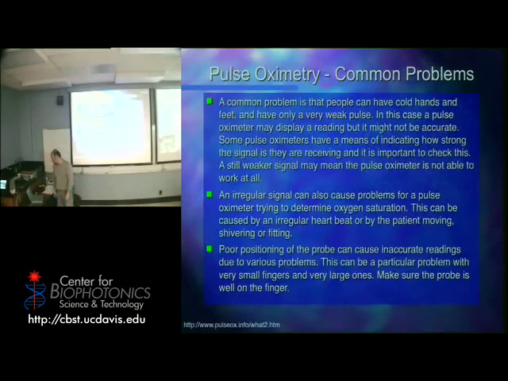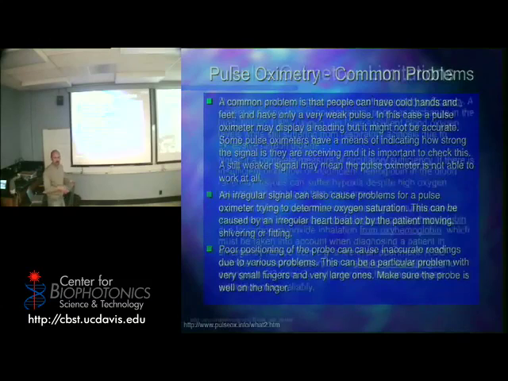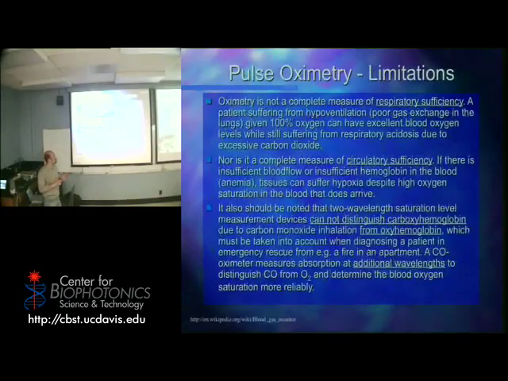So those are problems, but there's also some other major limitations. And that is, oximetry is not a complete measure of respiratory sufficiency. If you have hypoventilation, poor gas exchange, you could have 100% oxygenation, but your tissues have a hard time getting the oxygen out.